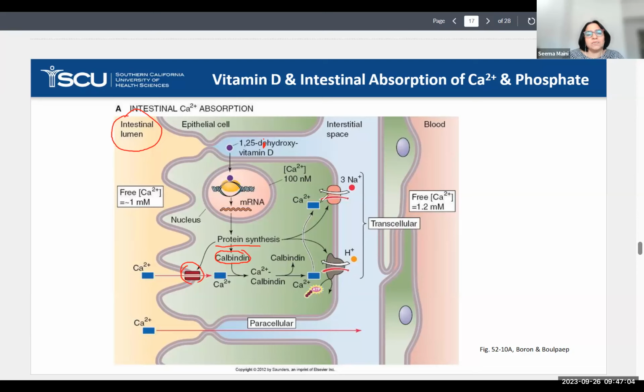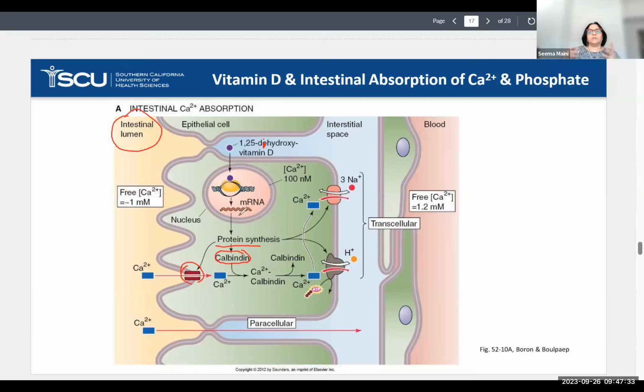So all these new proteins which are going to influence calcium reabsorption from the intestinal cell, their synthesis is increased under the influence of 1,25-dihydroxy vitamin D. Okay, so this is what vitamin D is doing. It's binding with its receptor. It is influencing DNA. It is causing gene transcription of multiple genes to form multiple new proteins.